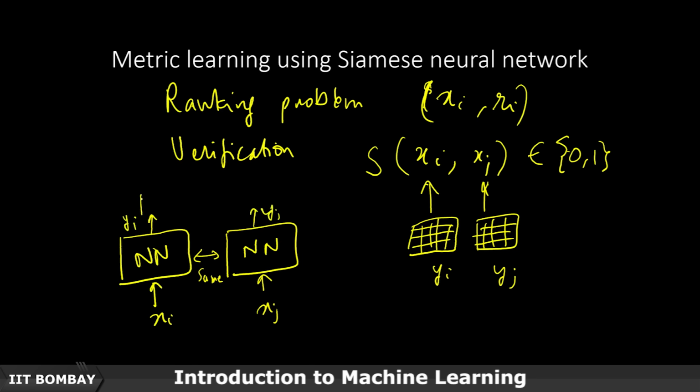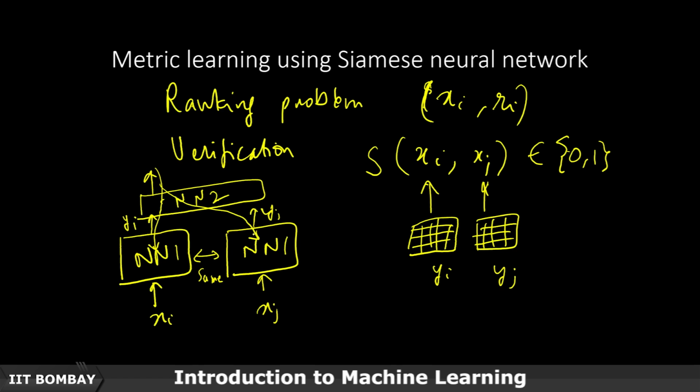Then we will take their Euclidean distance, or we will put them in another few layers of an additional neural network. So this is NN1 and this is NN2, and the output here could be 0 or 1 depending on whether they are similar or not. The gradients will flow back through NN2 and to NN1 both times. One will come from yi, the other will come from yj. So this is how it can be trained.